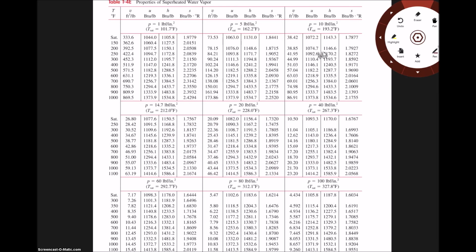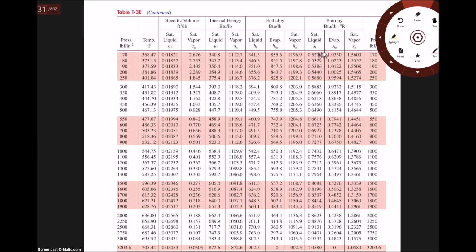Our pressure was 14.7 psi, and our temperature is 250, so the value for H2 is this value over here. Instead, to find the Hf and the Hg at point 1, pressure was 300 psi, so my values for Hf and for Hg are these that are circled.